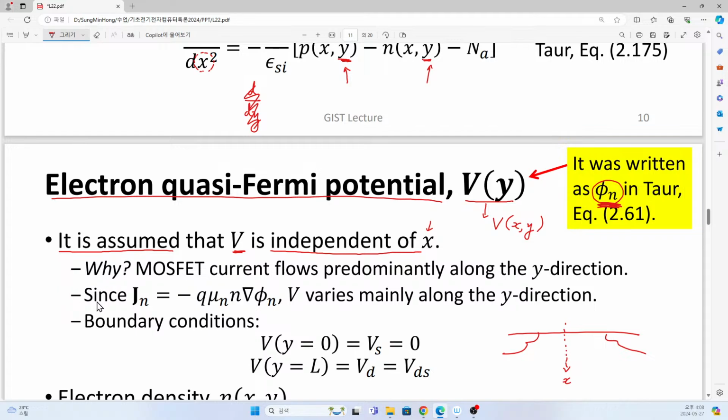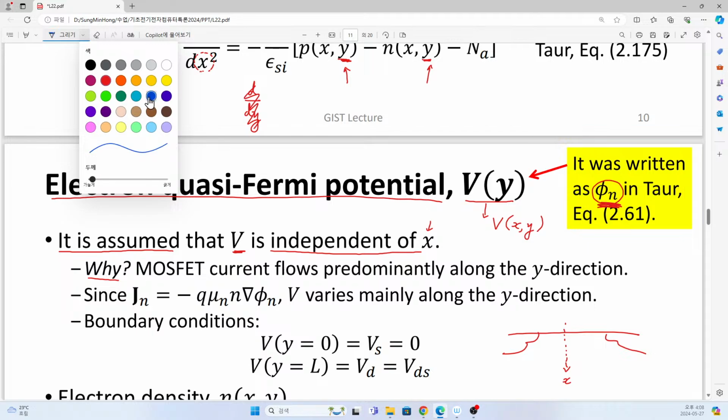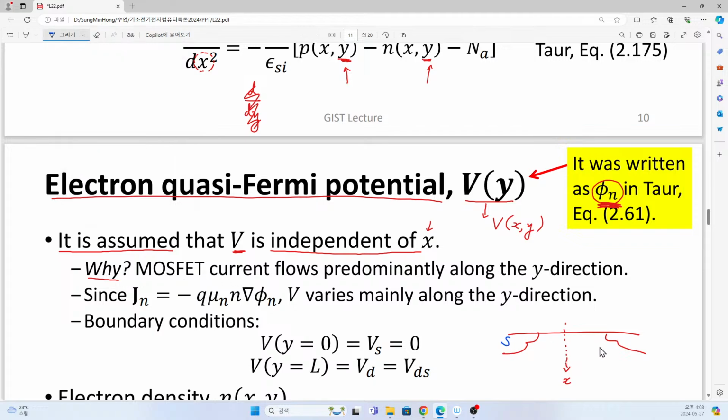How can we justify this approximation? From our intuition and understanding, in this MOS structure having source and drain, electrons are moving in this horizontal direction. So the current density is predominantly y-directional. It isn't moving in this way, and it does not move in the vertical direction.